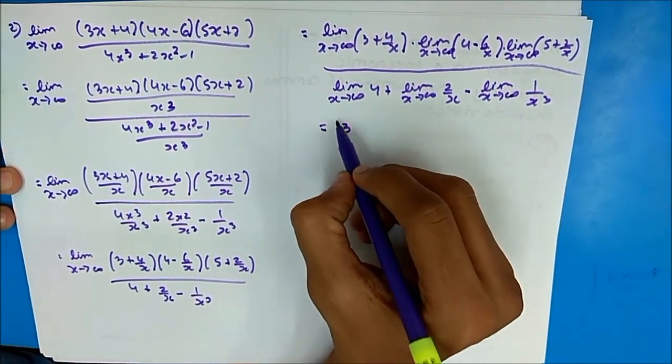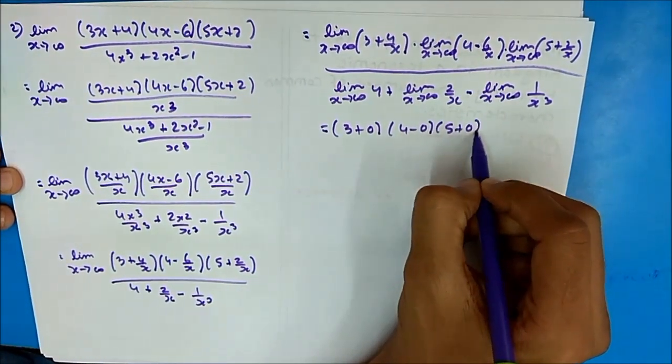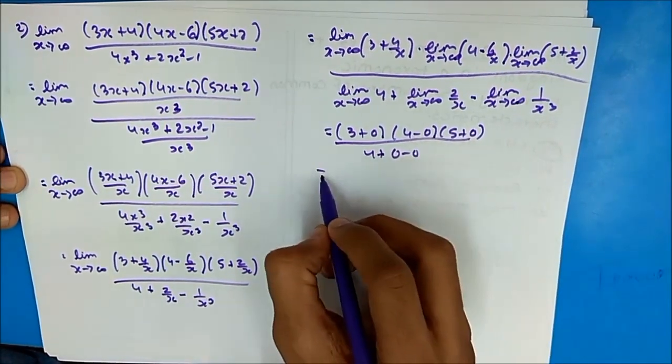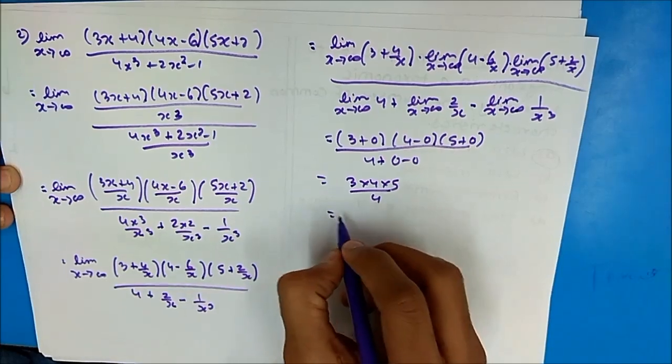That is (3 plus 0)(4 minus 0)(5 plus 0) upon (4 plus 0 minus 0). That is 3 into 4 into 5 upon 4. The answer is 15.